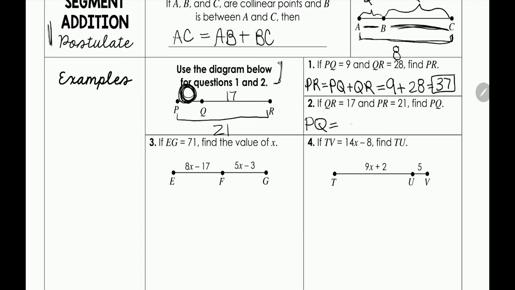It's going to be whatever we have for PR, and we're going to subtract QR, because whatever is left over after we subtract the 17 is going to give us the length for PQ. So we're going to have 21 minus 17, since PR is 21 and QR is 17, and that's going to give us 4. So the length for this one right here is going to be 4.